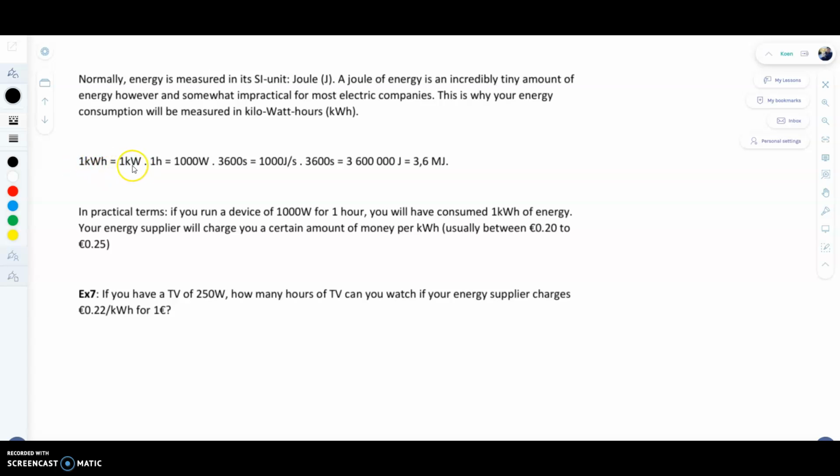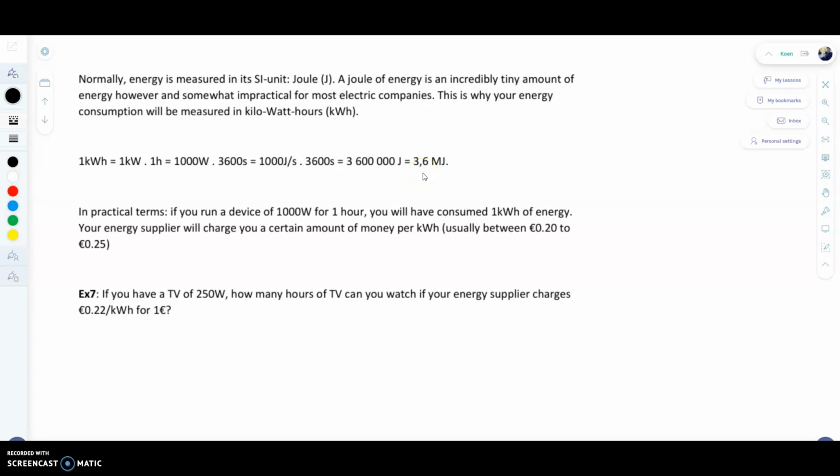Well, if we're saying that it's 1 kilowatt, meaning 1000 watts, times 1 hour, it is 1000 watts times 3600 seconds. And seeing how watt is joules per second, and you multiply it by 3600 seconds, 1 kilowatt hour would be 3,600,000 joules, or 3.6 megajoules in this case.